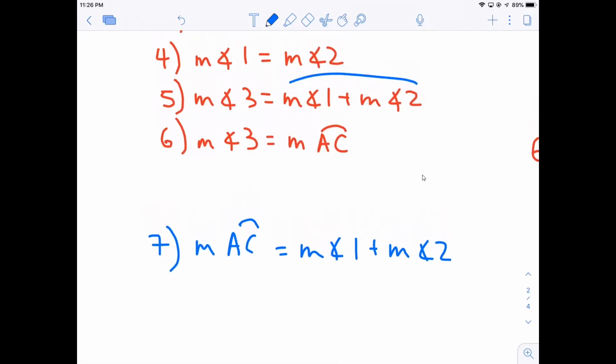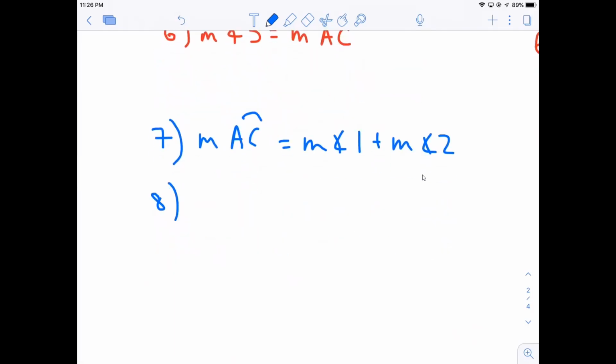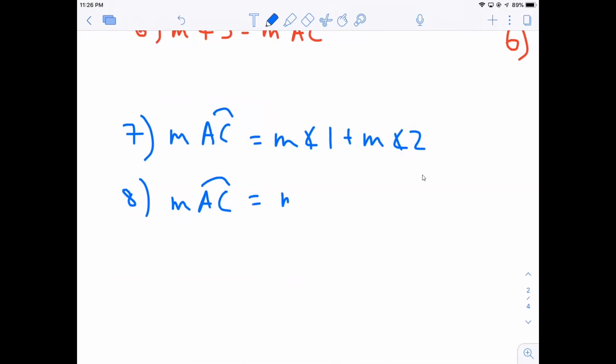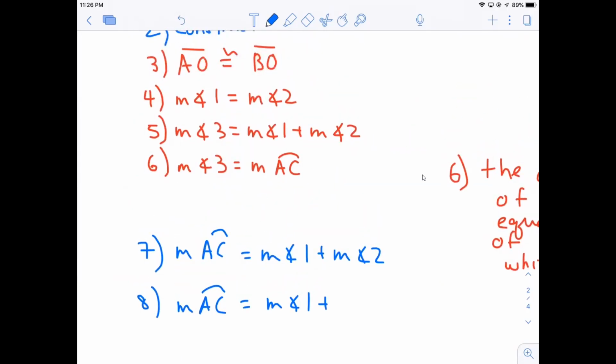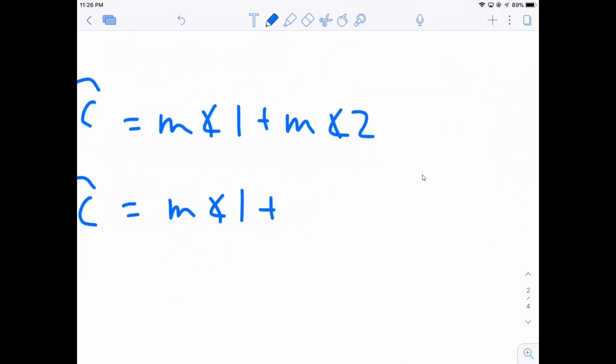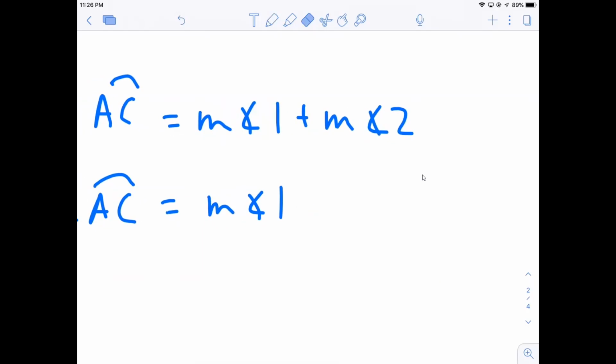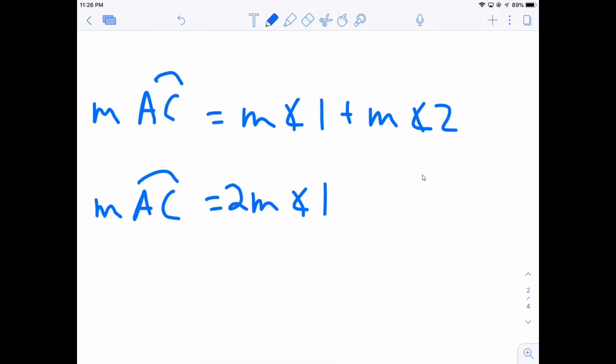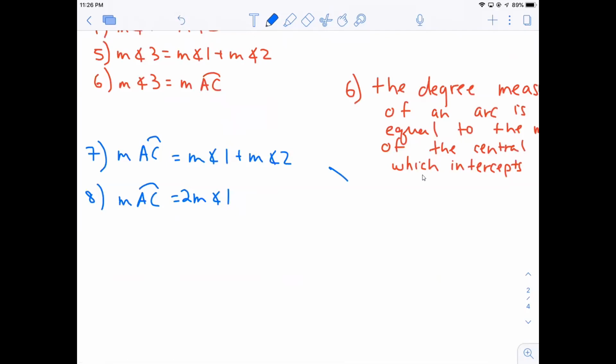I just took this and subbed it in for the measure of angle 3. I'm going to do another substitution. The measure of arc AC is equal to the measure of angle 1 plus, well, the measure of angle 2 was equal to the measure of angle 1 from that step. So I'm just going to say the measure of angle 1 plus the measure of angle 1, which is 2 times the measure of angle 1. Both of those steps are just the substitution property.